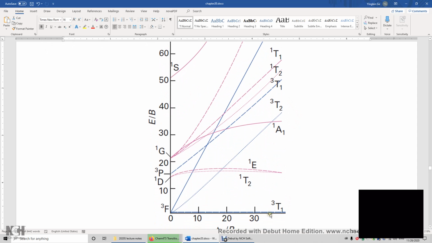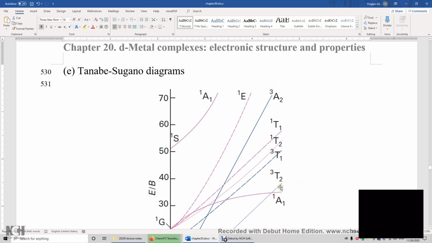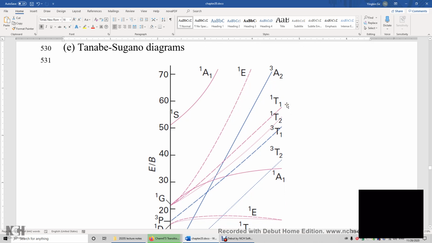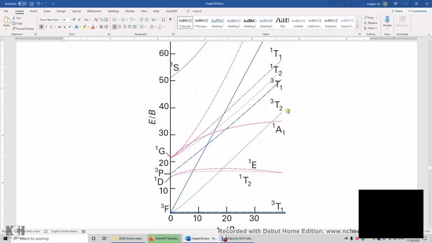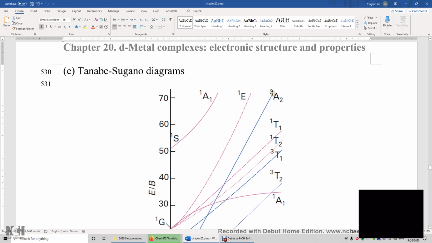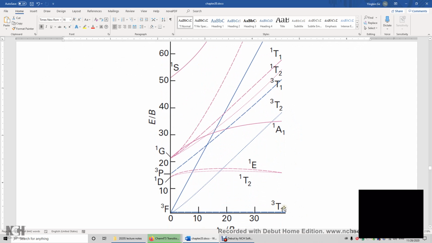When delta O is large, the gap between this 3T1 and 3T2 gets large. Between 3T2 and 3A2 becomes large as well. Now the energy difference between this and this is simply 1 delta O. The energy difference between this 3A2 and 3T1 is 2 delta O.